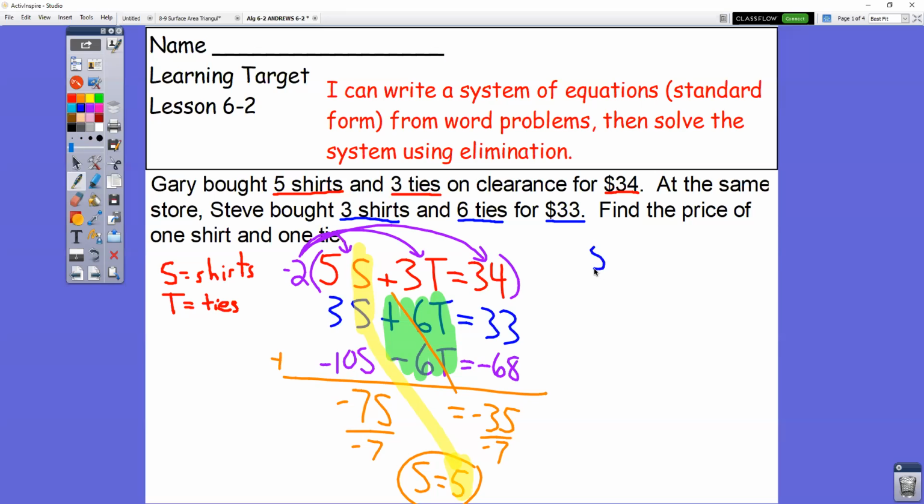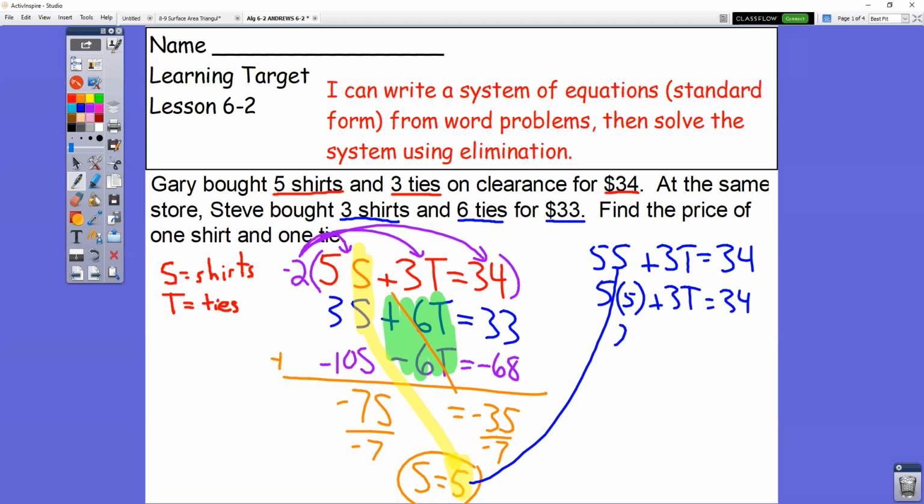So I'm subbing it into 5s plus 3t equals 34. I'm taking this 5 and subbing it into there for s. So instead of 5 times s, I have 5 times 5 plus 3t equals 34. 5 times 5 is 25.